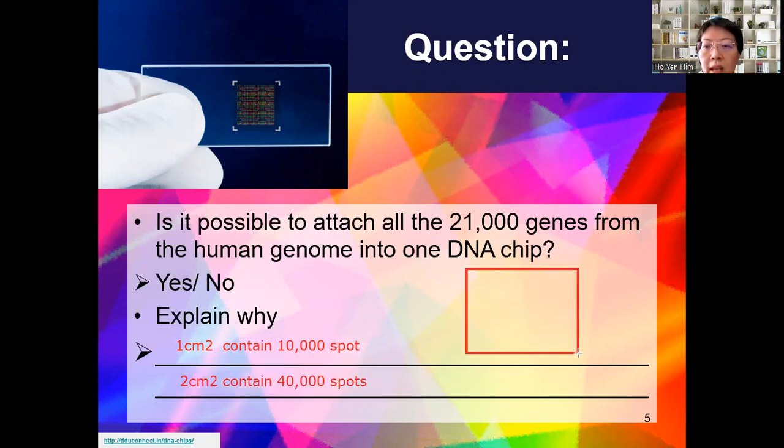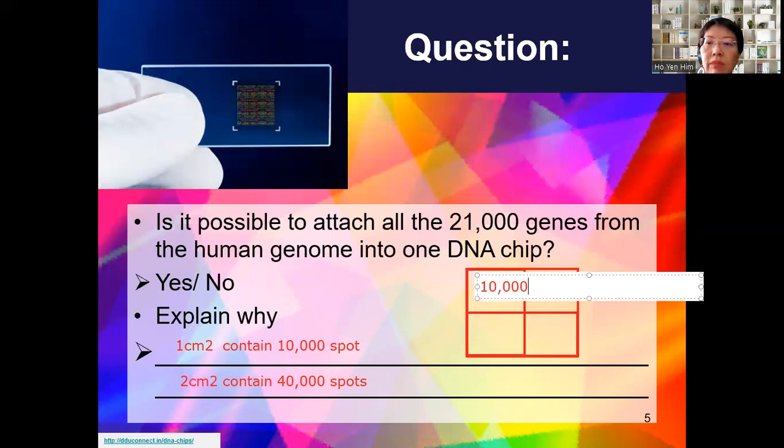If this is 2 cm square, each of these smallest boxes here is 1 cm square, and 1 cm square can contain 10,000 spots. So 2 cm square can contain 40,000 spots, which is more than enough for us to put all the 21,000 gene probes into this one microarray.